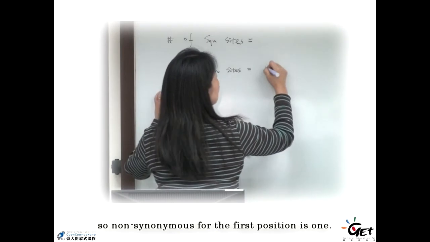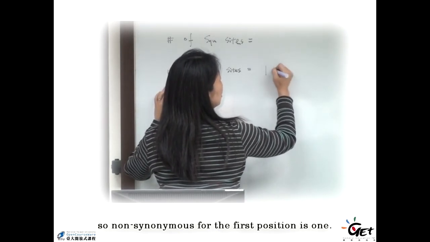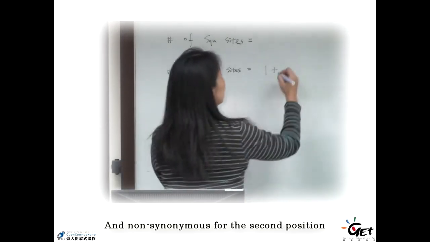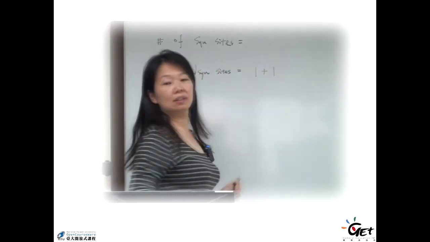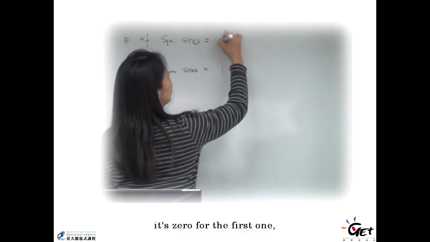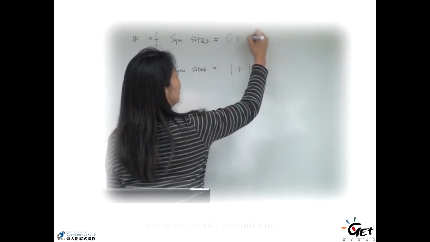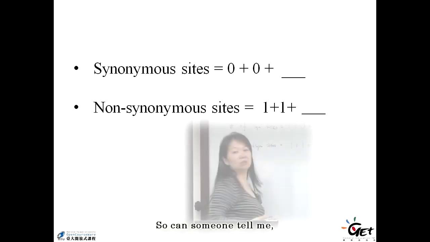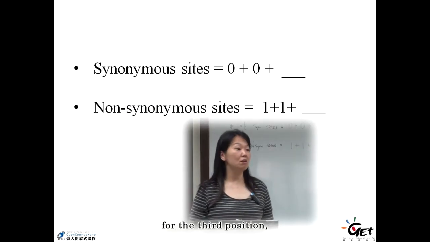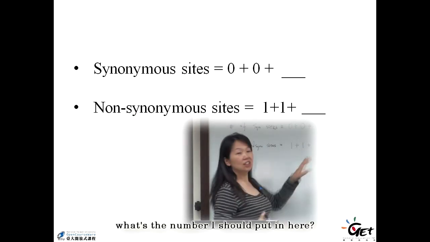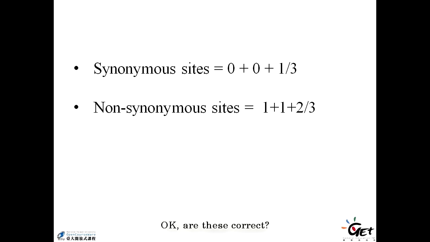So non-synonymous for the first position is 1, and non-synonymous for the second position is 1. If you want me to make it clearer, synonymous is 0 for the first one and 0 for the second one. Okay, so can someone tell me for the third position, what's the number I should put in here? Great. Okay, is this correct?